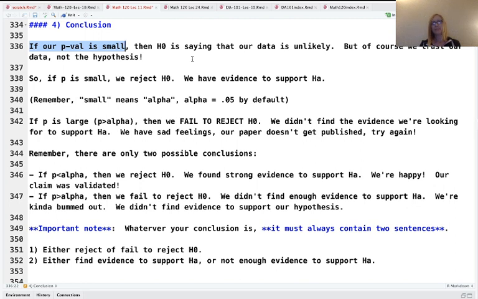Think about that for a second. P-value is the probability of getting a sample result like the one we got, according to the null hypothesis. So if that probability is small, it basically means that the null hypothesis and our data disagree.